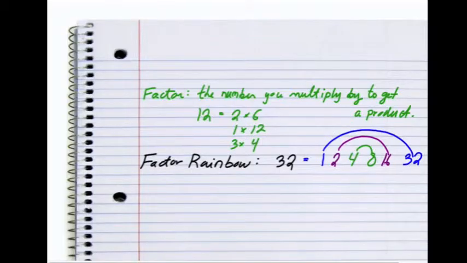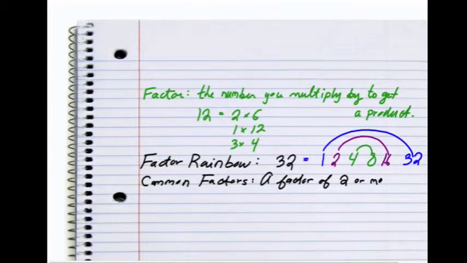So now we're going to talk about a common factor. Common factors occur in more than one number. It's when a number is a factor of 2 or more numbers.